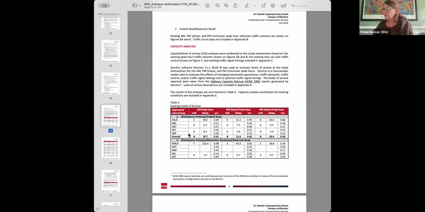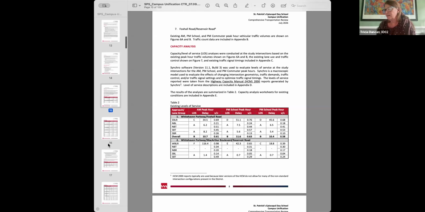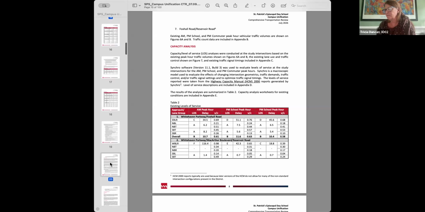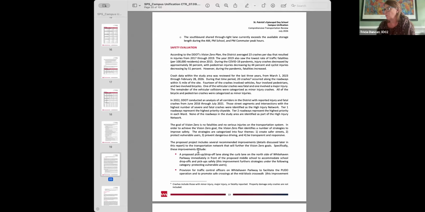That's an easy question. This one may seem insignificant, but on page 20, where it's talking about the safety evaluation, I think it's important that DDOT knows this when they read this report. The last sentence here where it says all of the bicycle and pedestrian crashes were categorized as minor injuries.